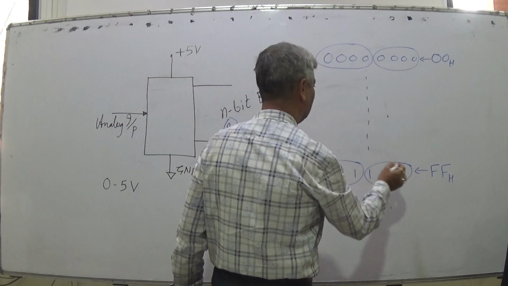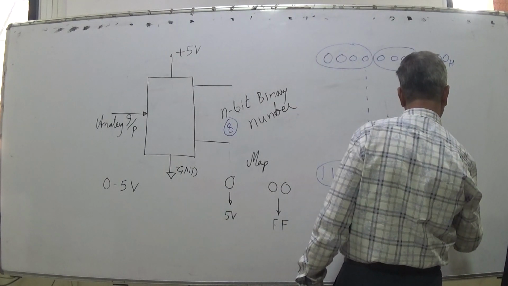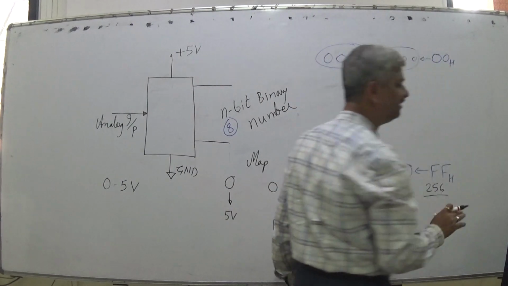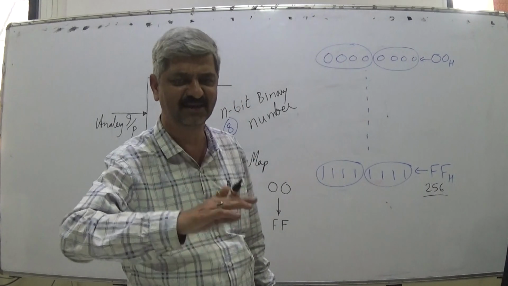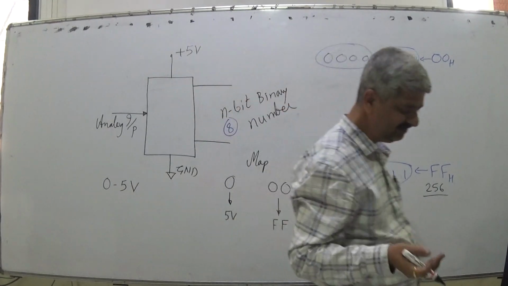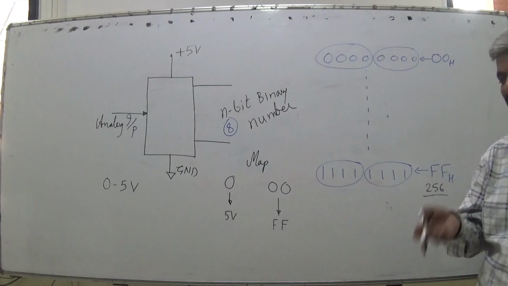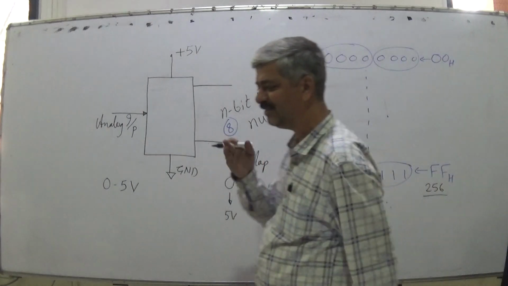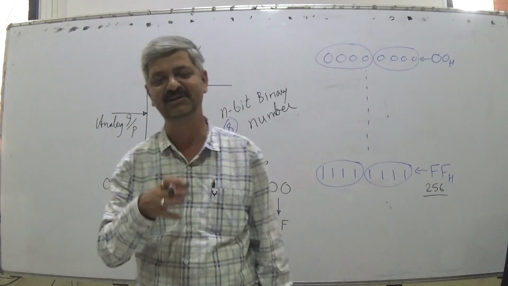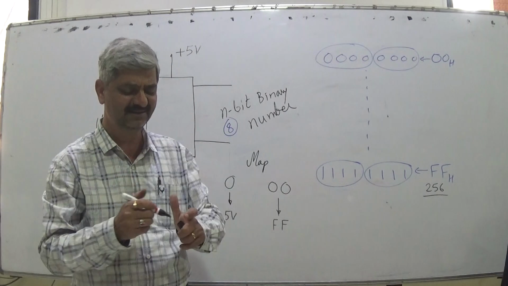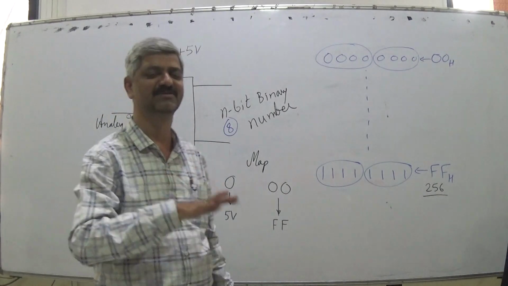FF in decimal is 255, or 256 roughly. I am telling this just so that computations become simpler. In fact, this simplicity in computation has become an obsolete term because everything is now computerized, but still we are somewhat used to simple things.